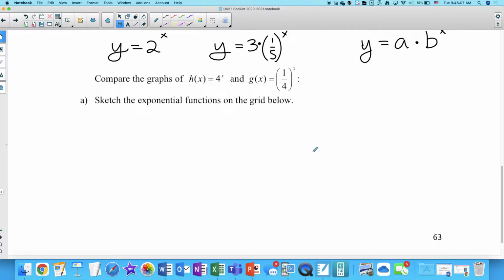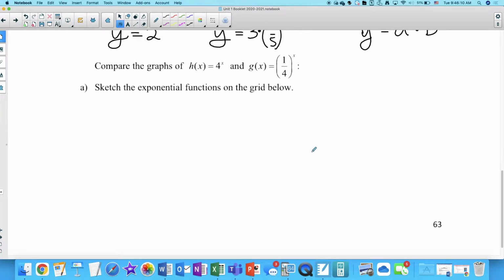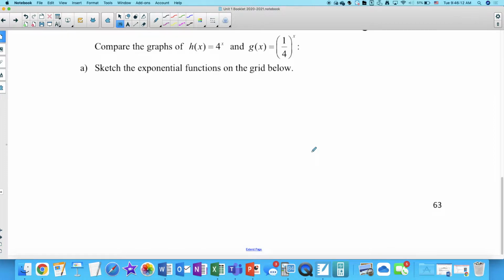We will graph these using technology, but I want to start by making a table of values, because it's easier to understand why the graphs look the way they do. Let's do two separate tables: x and h of x first, then x and g of x.